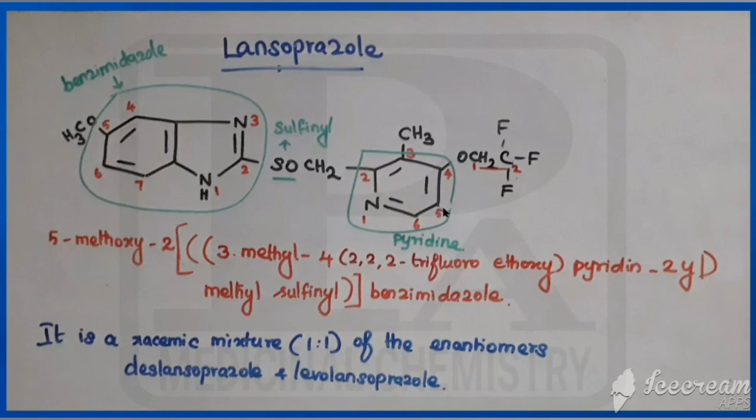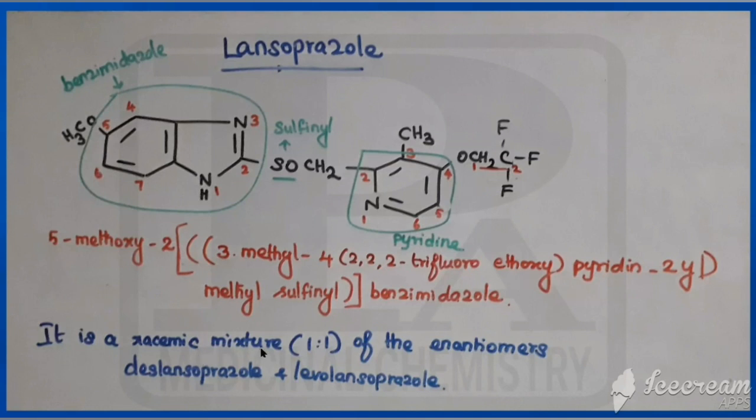That's all. So what would be the chemical name? Same as before: 5-methoxy, 2 open bracket, 3-methyl, and then 4. The second carbon would be ethyl with the oxygen, that is called ethoxy. With the ethoxy, the second carbon is connected with three fluorines, that's why 4-open bracket 2,2,2-trifluoroethoxy, pyridine-2-yl, methyl sulfinyl, close the bracket, 1H-benzimidazole.